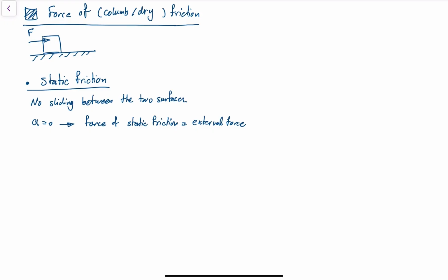To see why it is the case, consider the box. I want to study the forces. This is the external force F you're applying. I want to draw the free body diagram of this box. So I feel this resistive force, let's call it Fs, the force of static friction, acting at the boundary of the box, the object, with the other surface, like the table. And note that there's also possibly gravity acting on it if it's a horizontal table.